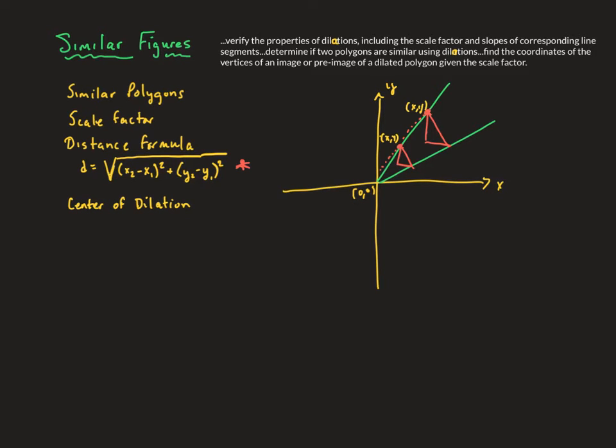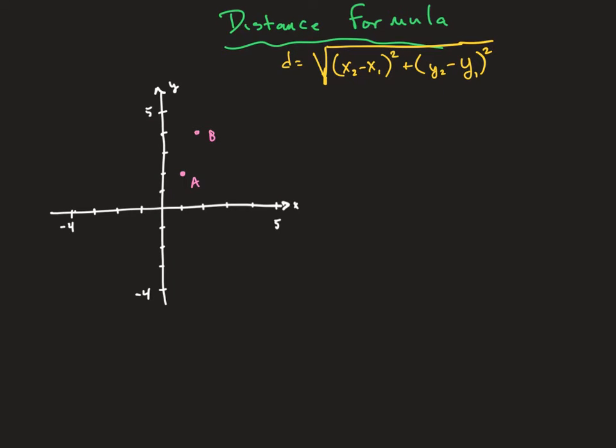Pythagoras was a wonderful man who put his name on a great theorem that has been useful over the centuries. The distance formula can be used to find the distance between 2 points on the coordinate plane. So if I look here, I've identified these 2 points as A and B on my coordinate plane.